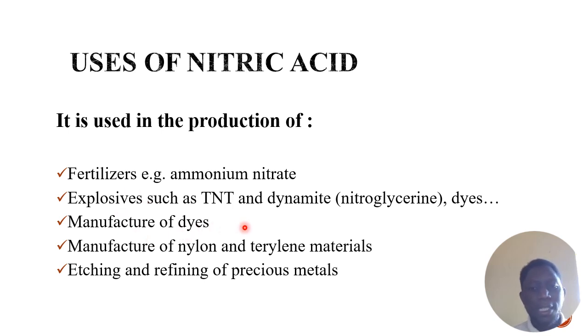Explosives such as TNT and dynamite, which is what we call nitroglycerin, and also here we have dyes. Nitric acid also is used in the manufacture of dyes. Dyes are a mixture of colors. It is also used in the manufacture of nylon and terylene materials. Remember, nylon is a raw material of cloth.